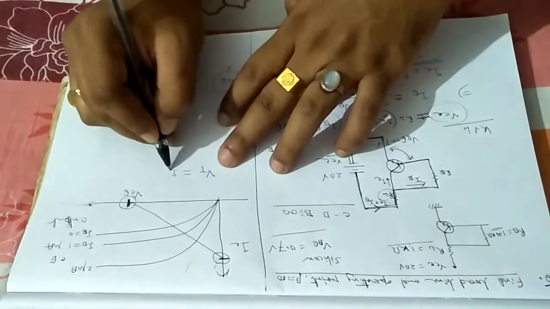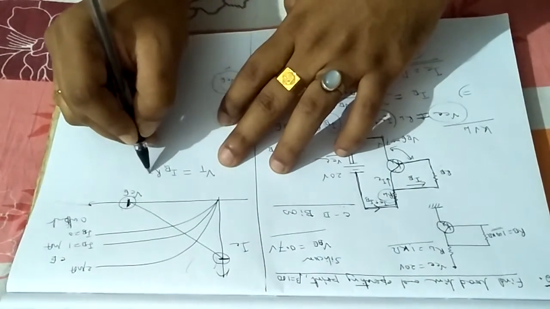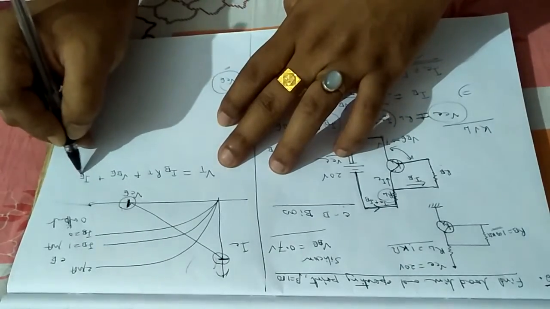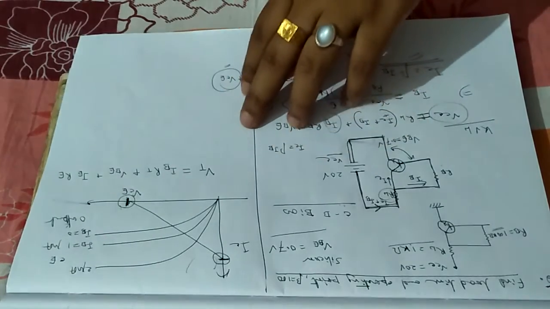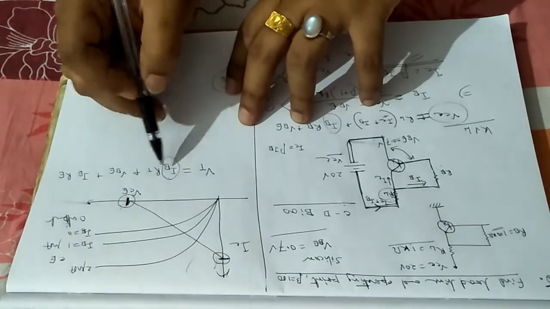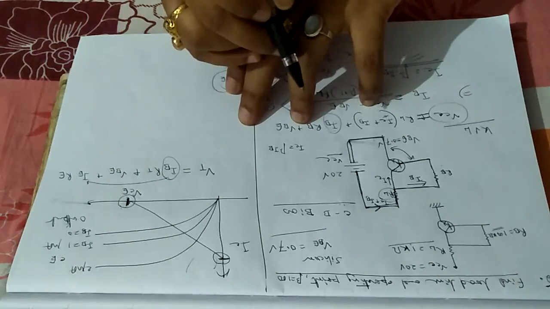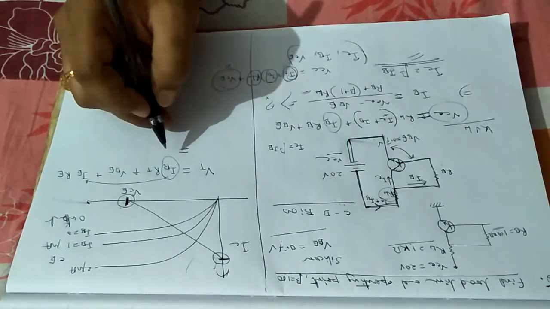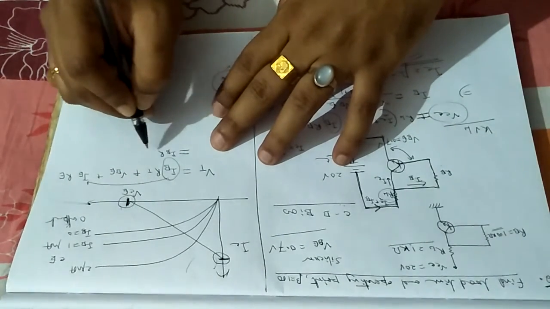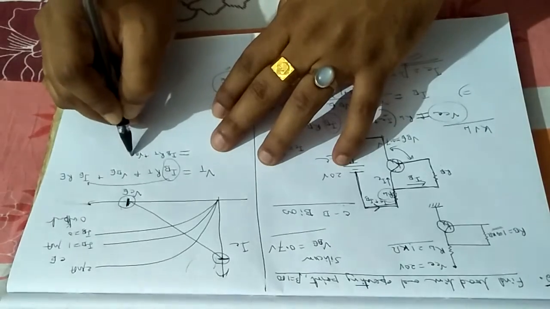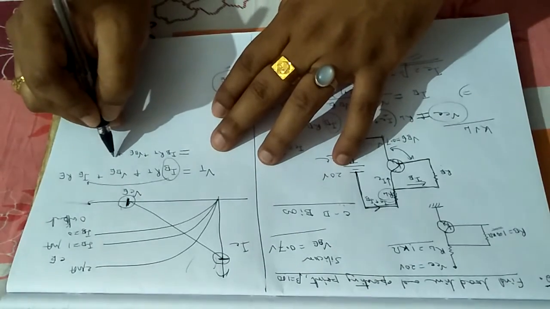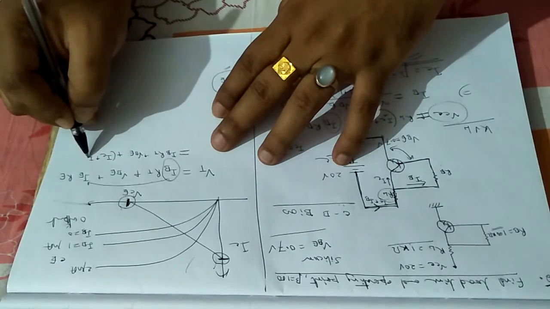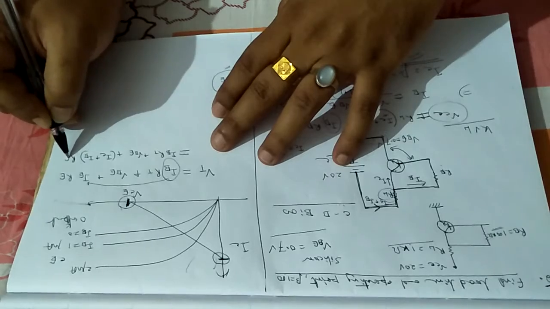VT will be equal to IB into RT plus VBE plus IE into RE. The calculation will be like that. But you have to calculate IB. Do you know the relationship between IB and IE? Yes, you know. You can generate the equation. First term will be IB into RT plus VBE. Then instead of IE, write IC plus IB, then RE.